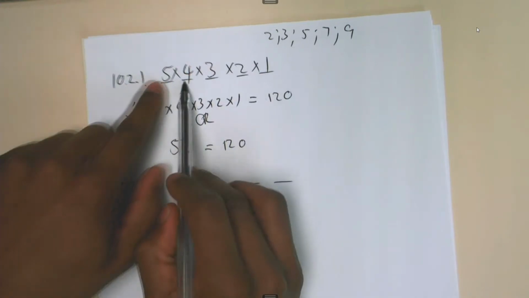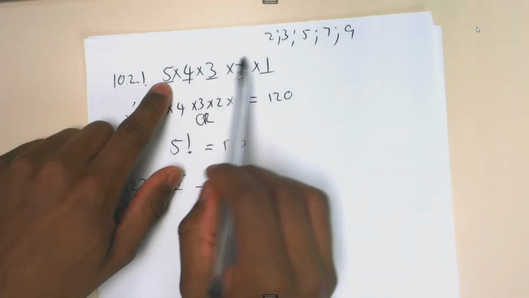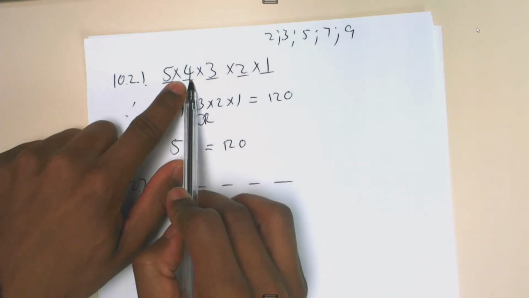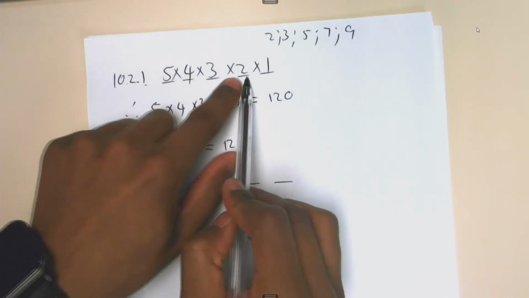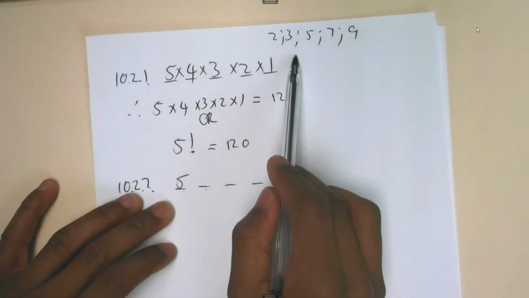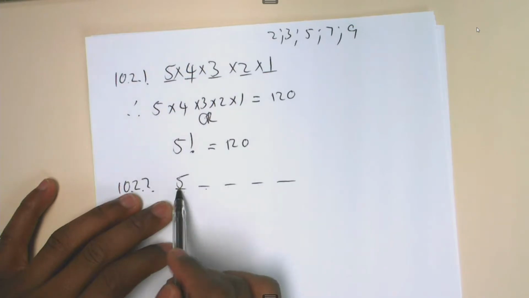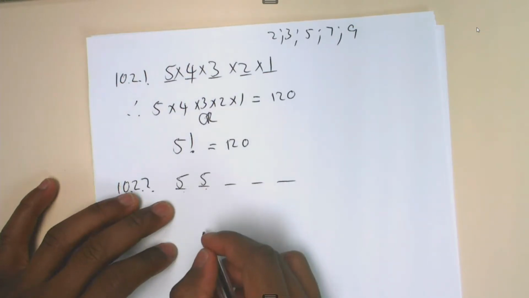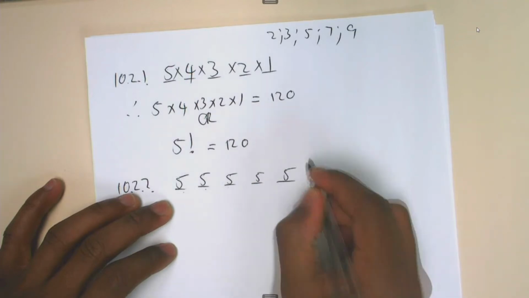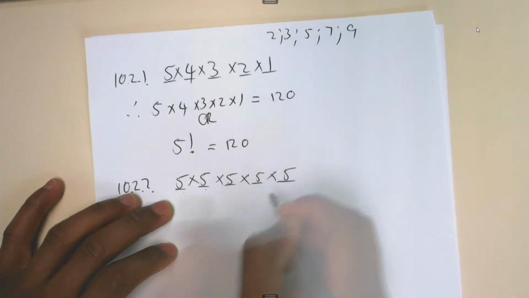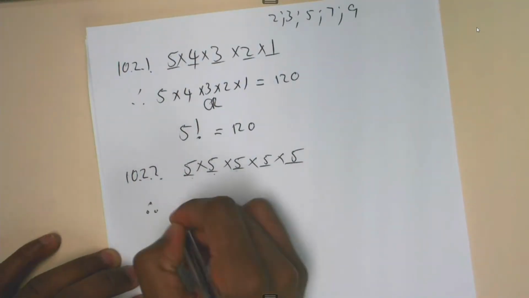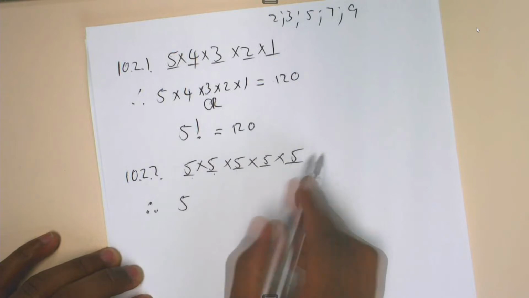What happened with the first one? Because repetition is not allowed, as I place a digit, the number of options decreases. But because repetition is allowed, the number of options remains the same. So I still have 5 options each time, because I can repeat. What's important is the product of those options: 5 multiplied by 5 multiplied by 5 multiplied by 5 multiplied by 5.